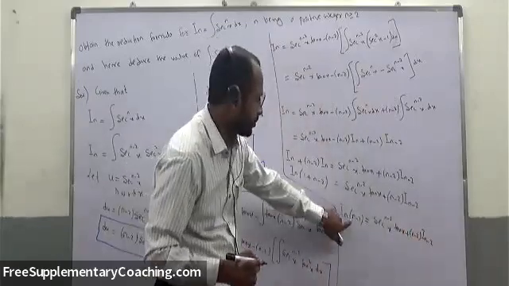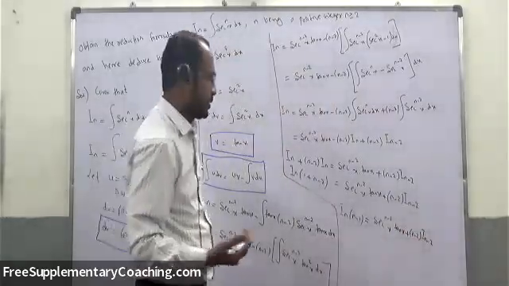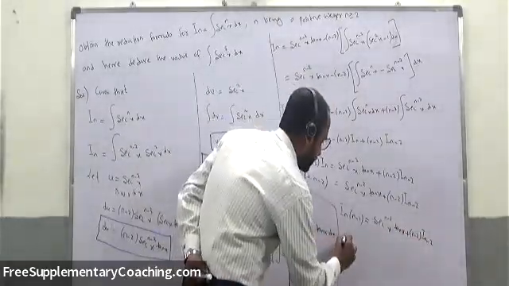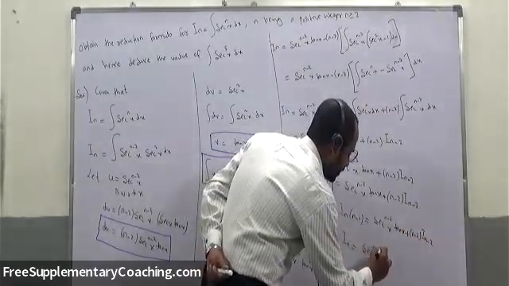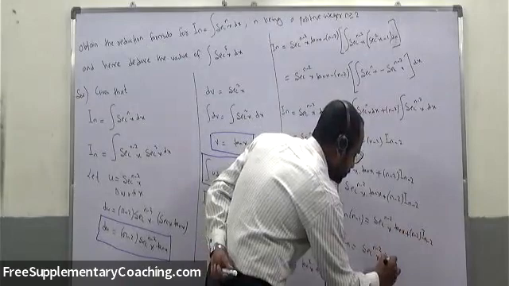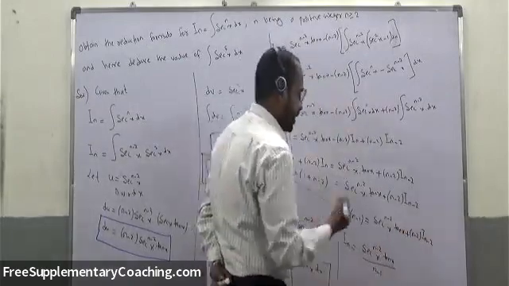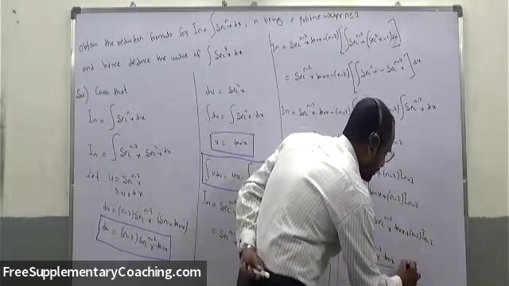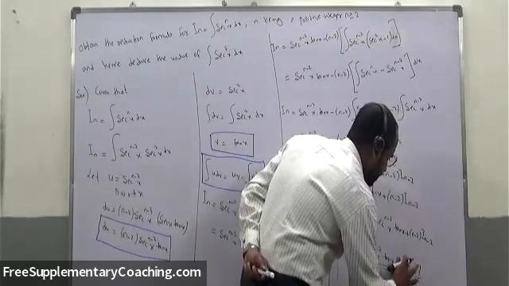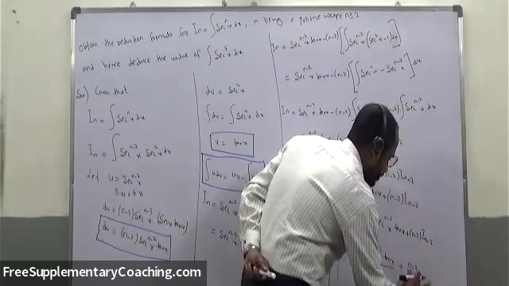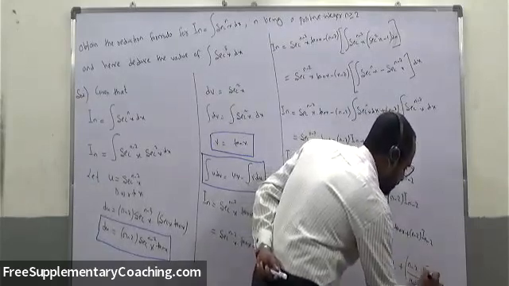Now, this term n minus 1 when it comes to the right hand side, we can write I_n is equal to secant power n minus 2 x into tan x divided by n minus 1 plus n minus 2 by n minus 1, or use just one bracket for these two terms, into I_n minus 2.